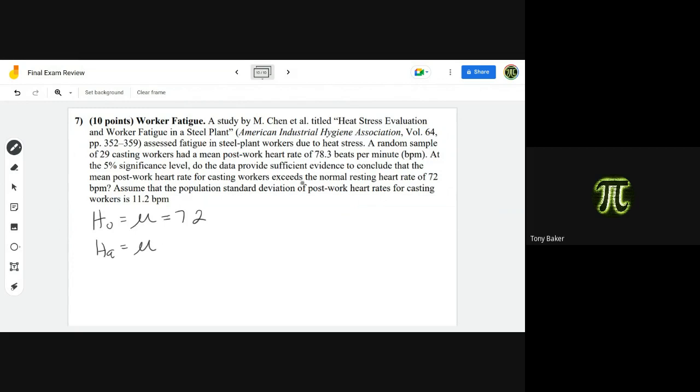And they're saying it's exceeding that, so it's going to be greater than 72. Now, is this one or two-tailed? One-tailed. And it's greater than, so it's going to be somewhere over here. That's what I'm looking for.